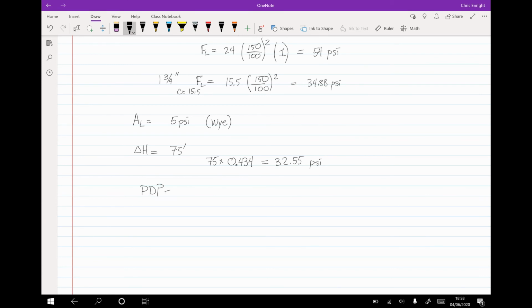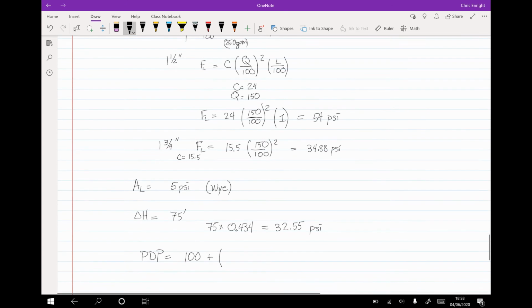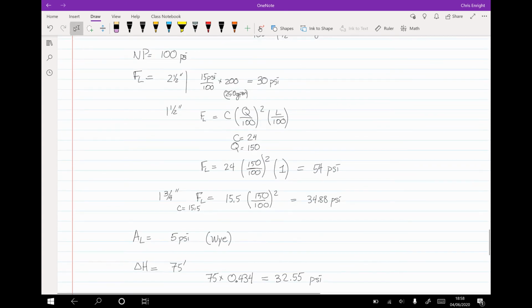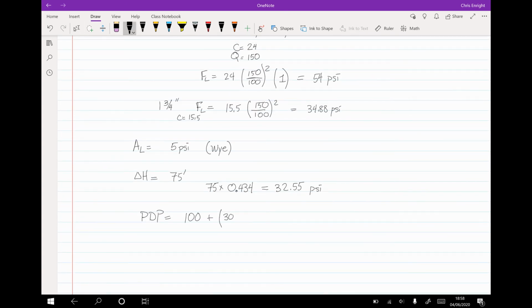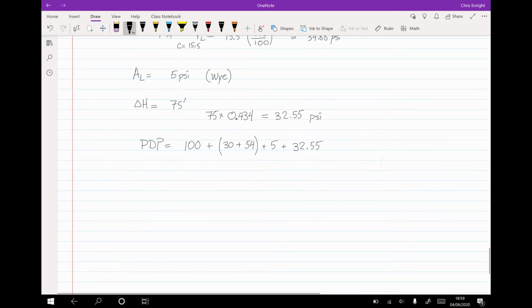PDP equals 100 nozzle pressure plus, we will sum up these friction losses. So 30 plus 54, because they're not parallel, we're running both of them in sequence, so we have to capture both of them, plus 5 psi for that Y, plus 32.55 psi for that elevation.